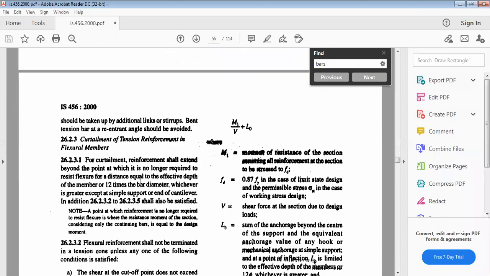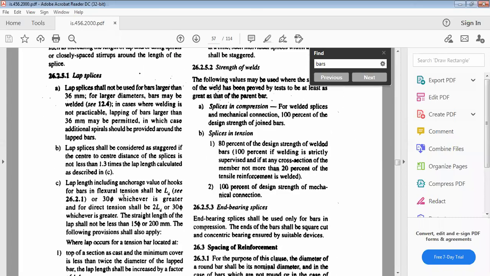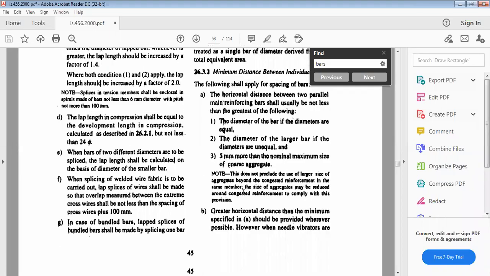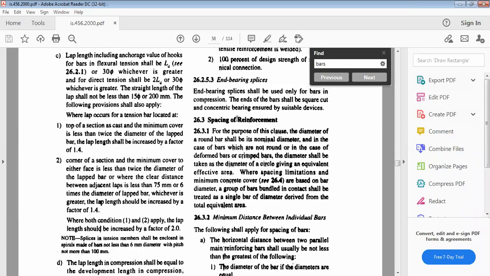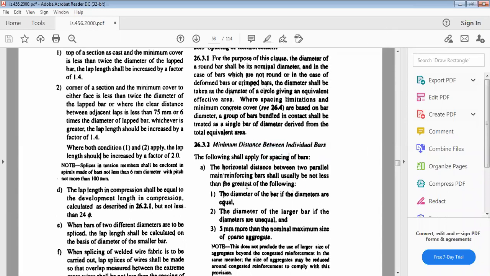Before that, yes, this is the spacing of reinforcement, 26.3, page 45. Spacing of reinforcement. What the code says: the minimum distance between individual bars. The following shall apply for spacing of bars.